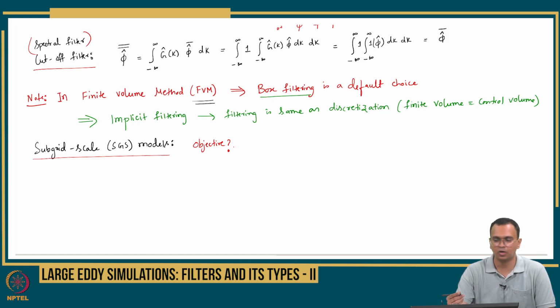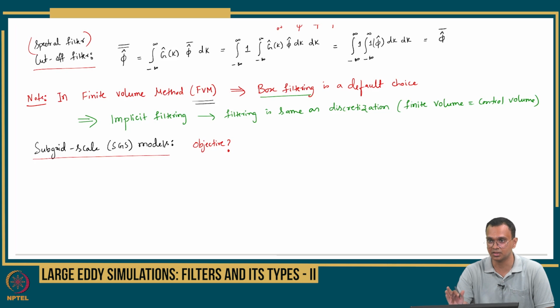Reynolds stresses. Now these Reynolds stresses are associated with which turbulence scale? All scales. So an eddy viscosity model is modeling all turbulent scales. Now ask the same question here. What should be the objective of a subgrid scale model? Modeling the subgrid scale. That is the objective here.